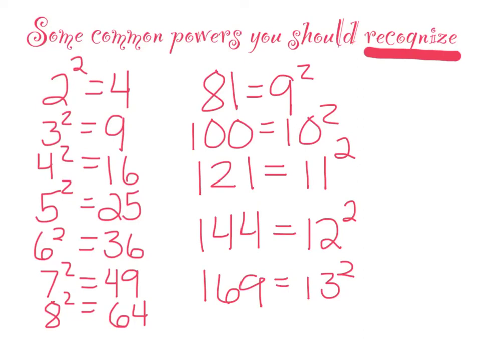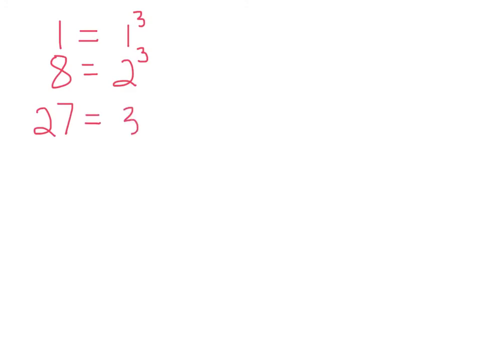I also want you to recognize some perfect cubes. For example, 1 is a perfect cube. It's 1 cubed. And 8 is a perfect cube because that is 2 cubed. Especially with the 8s, when you see 8, you should know that that is 2 to the 3rd power. And then you should also hopefully know that 27 is 3 to the 3rd power. This one you might not know, but 64 is 4 to the 3rd power.